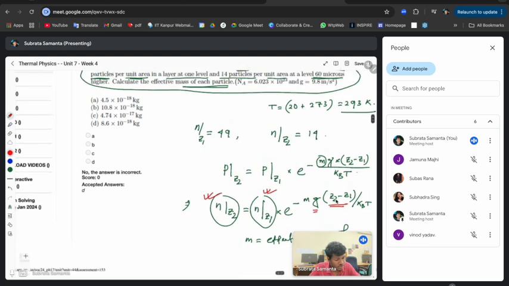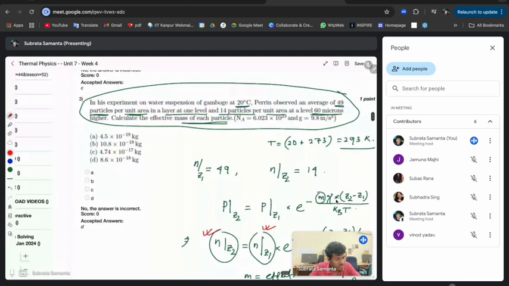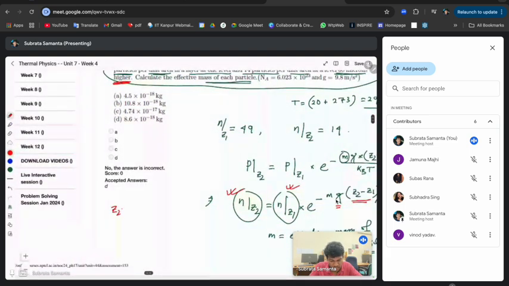So z2 minus z1 is 60 microns: 49 particles at one level and 40 particles at the level 60 microns higher. This is important, the 60 microns higher, so that means it's z2 minus z1.